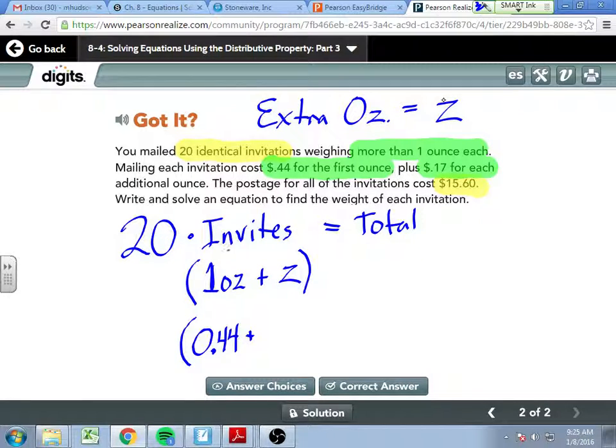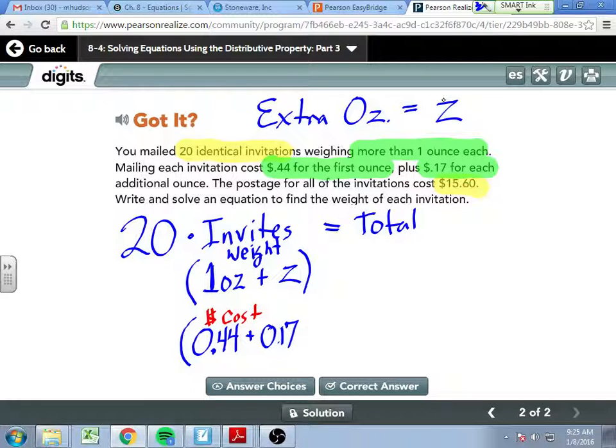This is just dealing with our weight, but then we're going to figure out the cost. So we're thinking about what we know. What do we know? How do we use it? Ashley? 17 cents, and I cannot just put 0.17 because that's going to be 17 cents times however many extra ounces there are.